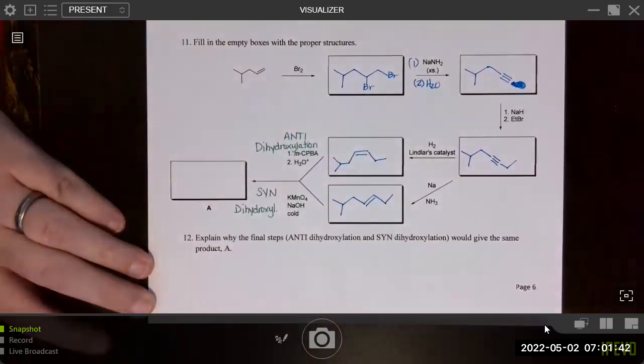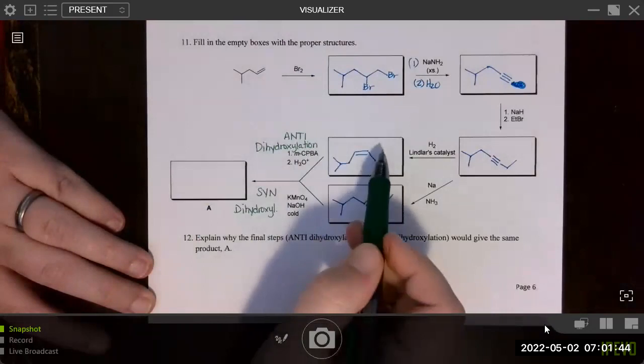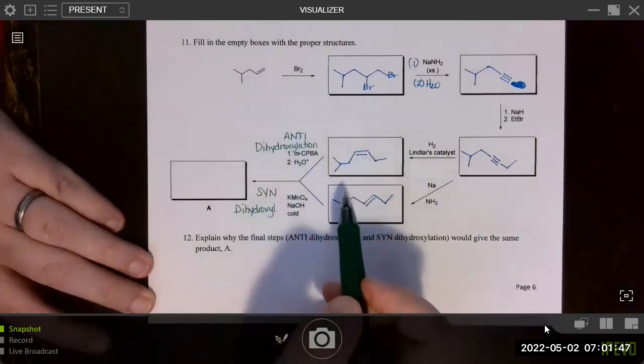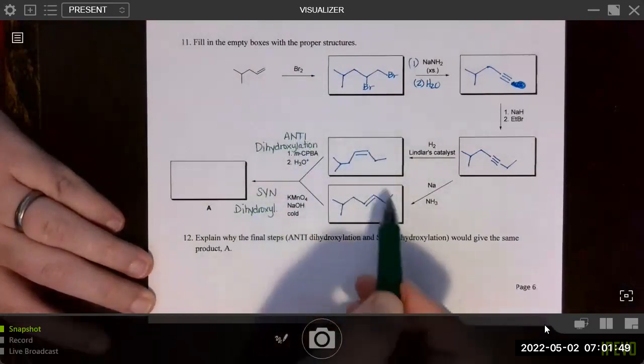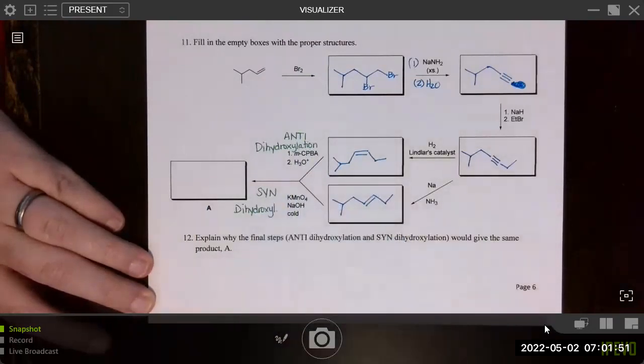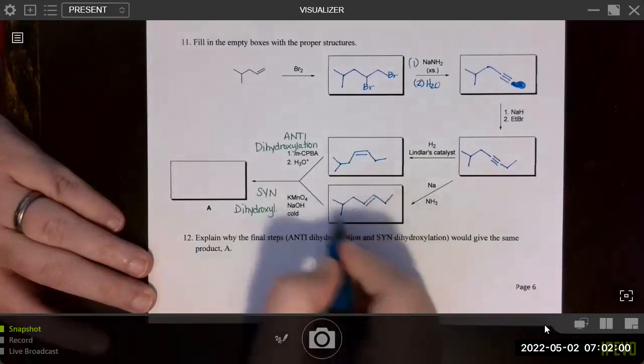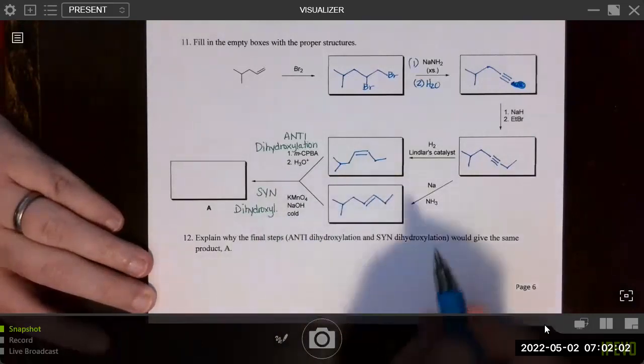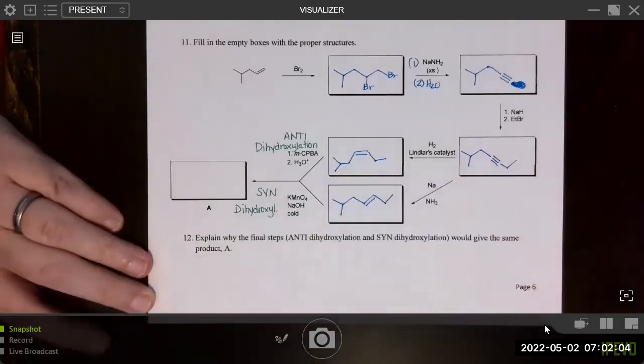So it worked out that if you start with a cis alkene and do anti-dihydroxylation, you get the same product as if you start with a trans alkene and do syn dihydroxylation. So there's a bunch of different ways you could potentially draw this, but maybe just starting with this one and adding in the two groups syn.